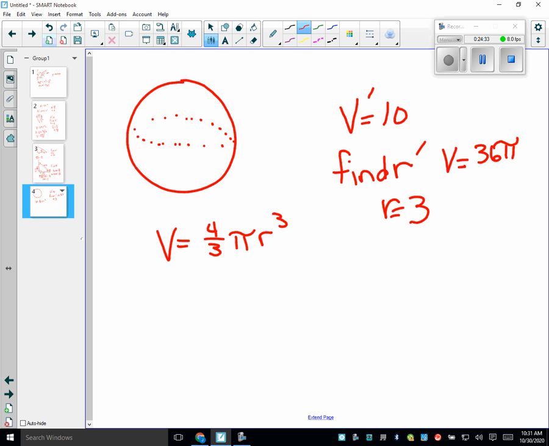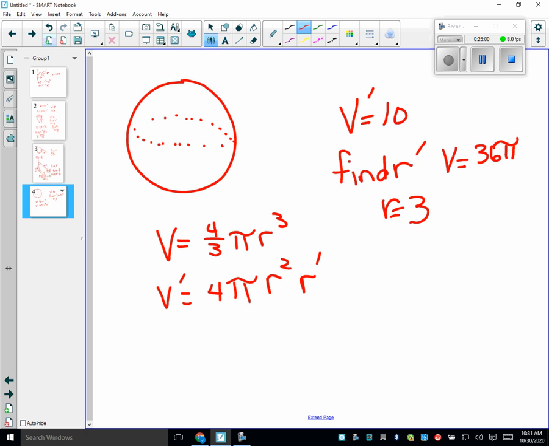So what I want to find now is R prime, correct? Yes. So is V prime equal to 4 pi R squared R prime? Right? Do I know V prime and R?